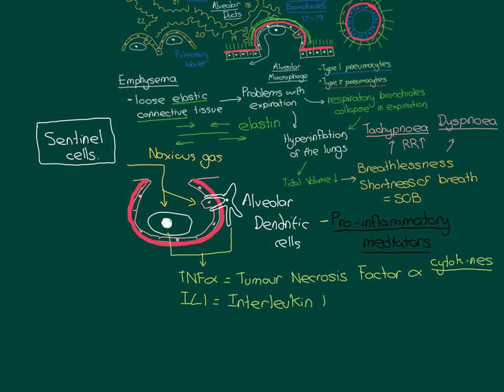So it has to be a pro-inflammatory mediator that's a protein, released by a cell of the immune system. These sentinel cells are cells of the immune system, and it's going to affect the behavior of other cells. These molecules fit that description. They are proteins released by cells of the immune system, and they're going to affect the behavior of the endothelial cells of the pulmonary capillaries to induce the inflammatory response.